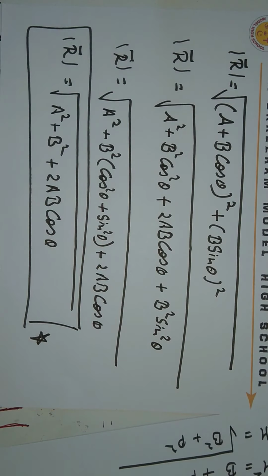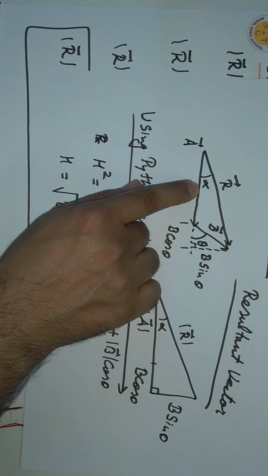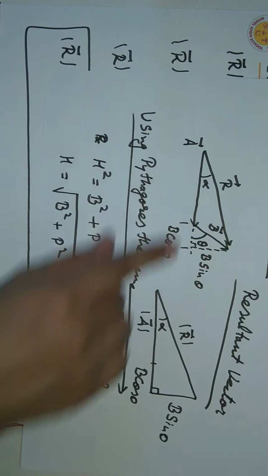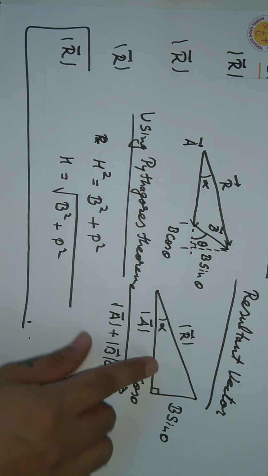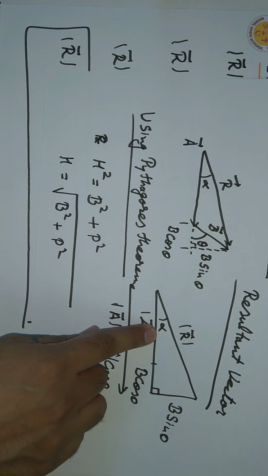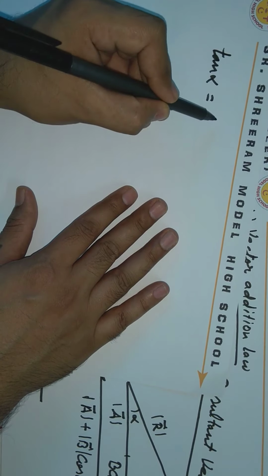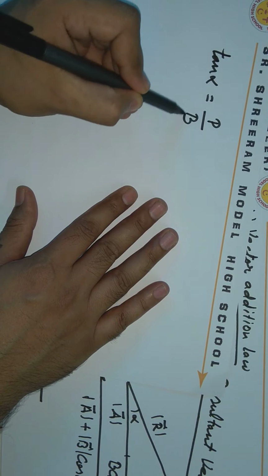One more thing we need to know is the angle of the resultant vector with a vector. It is alpha here. We need to find this particular angle alpha. In this triangle, this is the perpendicular, this is our base, and this is angle alpha. So we find tan alpha. Tan alpha is equal to perpendicular by base.